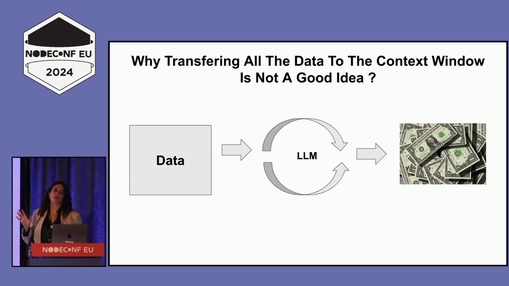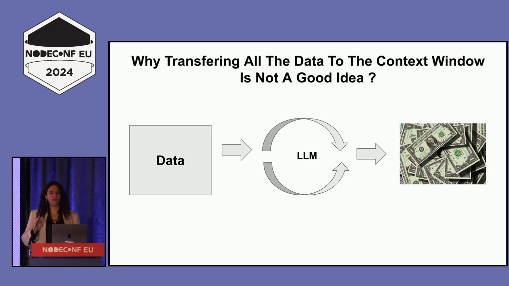Okay, what is the problem with that? Behind the scenes, the LLM is doing complicated computations. If I'm giving it a lot of data in every question, not all of the 0.5 terabytes that I give it is relevant for that question.